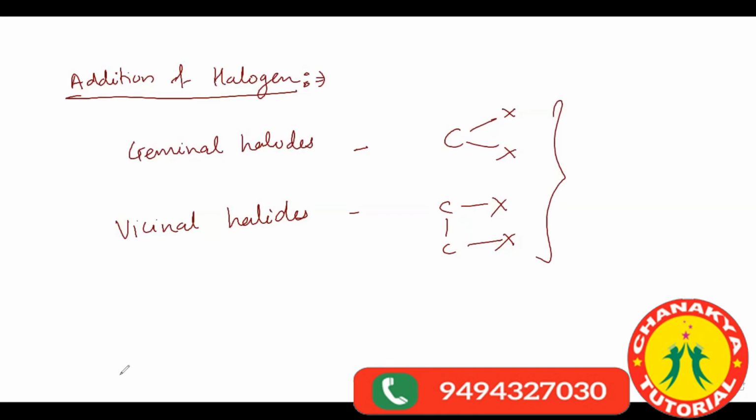Now what you have to keep in your mind is, whenever a carbon-carbon double bond reacts with bromine, mostly called bromine water, liquid bromine, in the presence of carbon tetrachloride, CCl4, addition of this bromine takes place at the double bond.